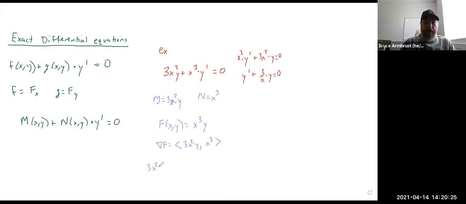So we sort of have a 3x squared y times dx plus x cubed times dy. And if you were to divide by the dx, you can see how this all of a sudden takes on that form. So what we're really doing is looking at some function and taking its gradient, taking its derivative. Well, that takes care of this left-hand side.